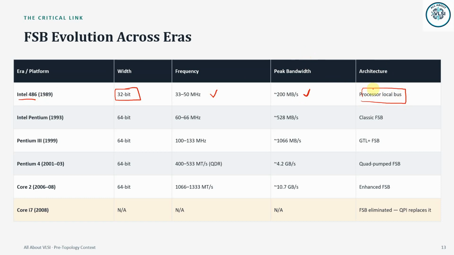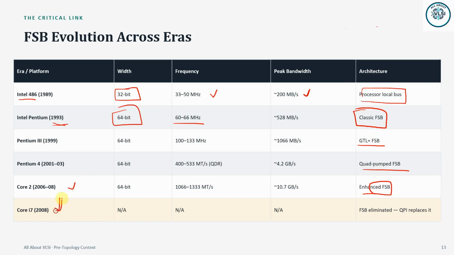It used a local bus for communicating with memory or GPU and so on. But in the Intel Pentium, we had a width of 64-bit, with this frequency, and it used the classic FSB. Going on, we have GTL plus FSB, and then quad pumped FSB and enhanced FSB in 2006 to 8.